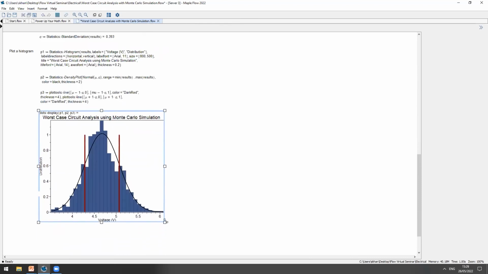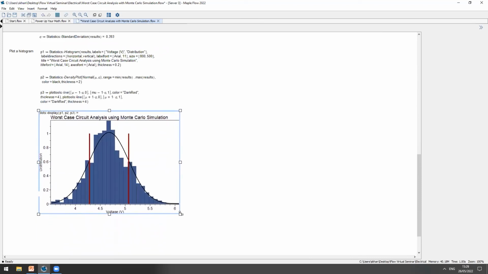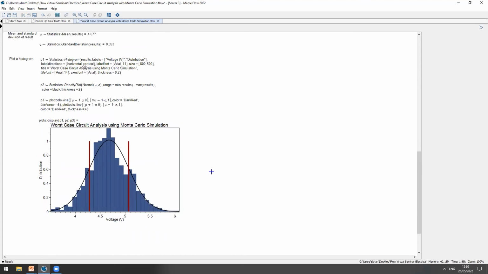This is actually created from 3 individual plots overlaid on top of each other. The first is a histogram of the simulated results. That's the blue bars. The second is a density plot of the normal distribution with the mean and standard deviation calculated from the simulated results.